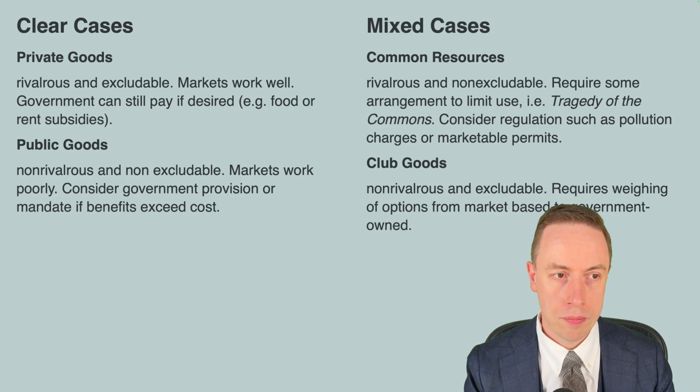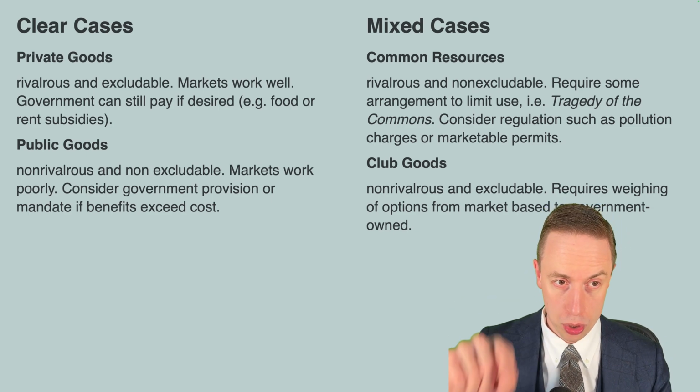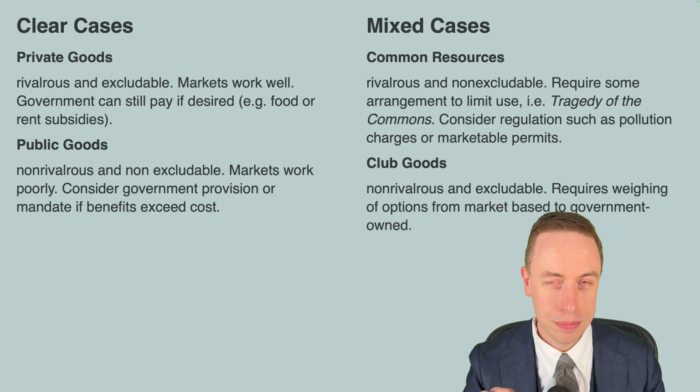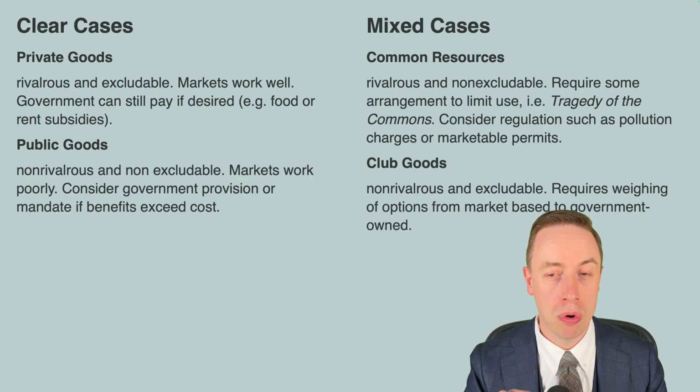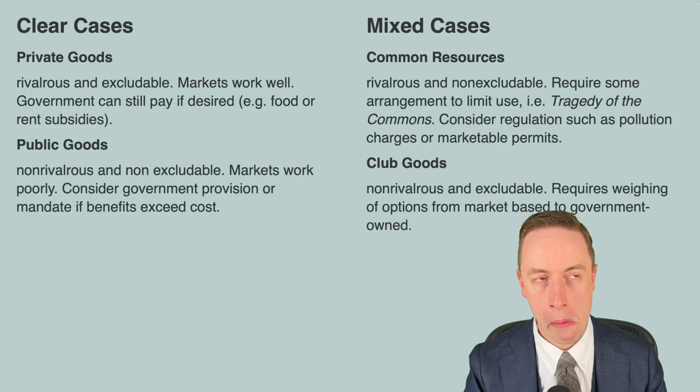But long story short, if you want public goods to exist, if you think, hey, it's important to have a lighthouse right here, you'll almost certainly end up with a decision of, well, the government's probably going to have to run that lighthouse or at least pay for it.